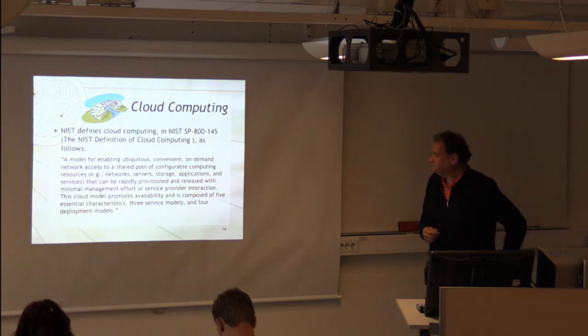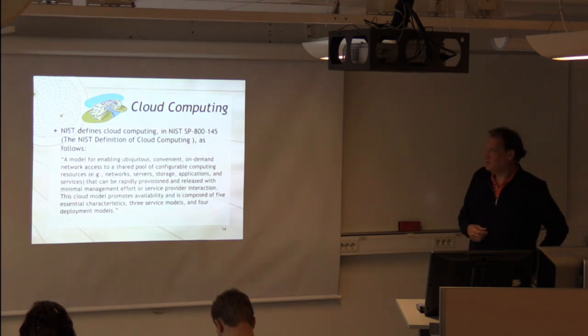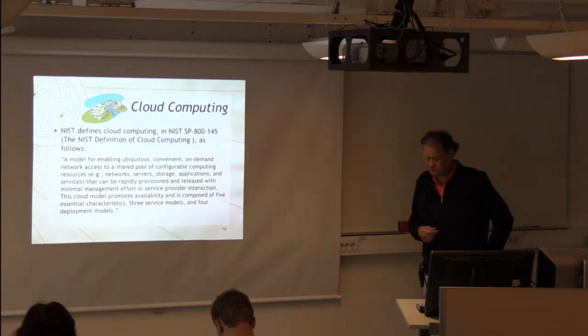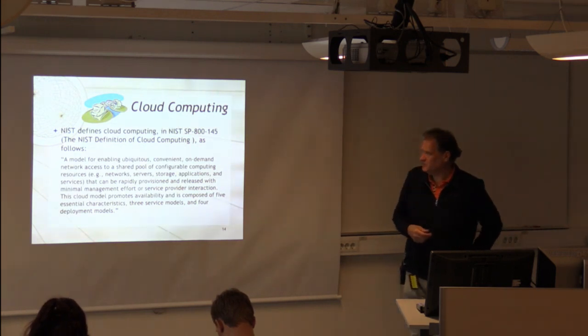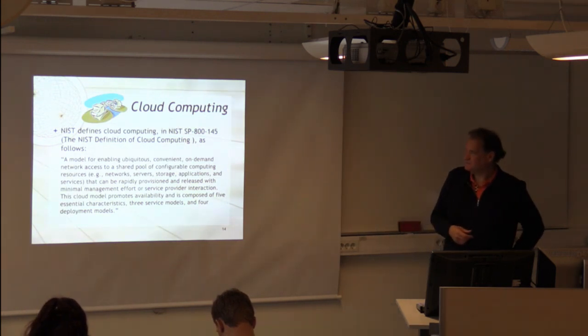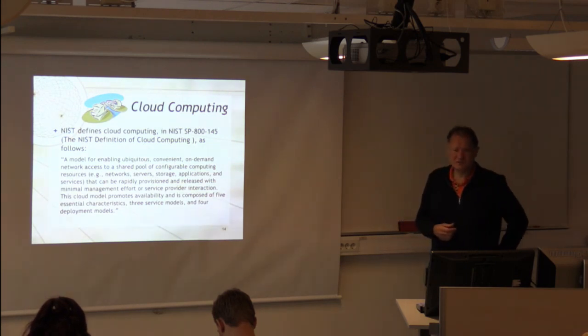Right, so that's network access. Now let's move on to cloud computing then. As you see, we have a definition here of what cloud computing is. So a model for enabling ubiquitous. What is ubiquitous?